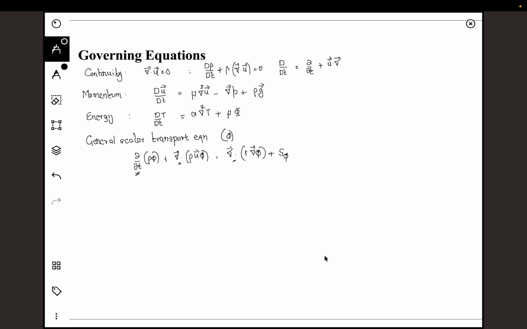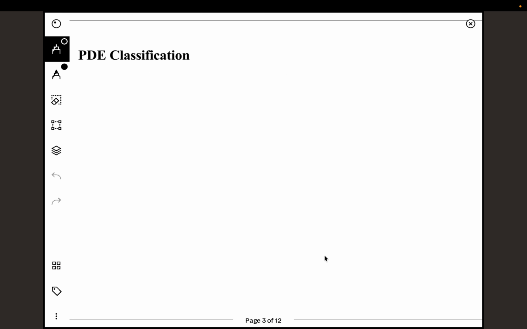So we started with the different classification of these PDEs. A general second order PDE can be written as something of this sort, and then you have all other terms with respect to phi x and so on. Let's say I call all of that t. So if I have a general partial differential equation of this form, which is second order, then we try to define something called a characteristic line.